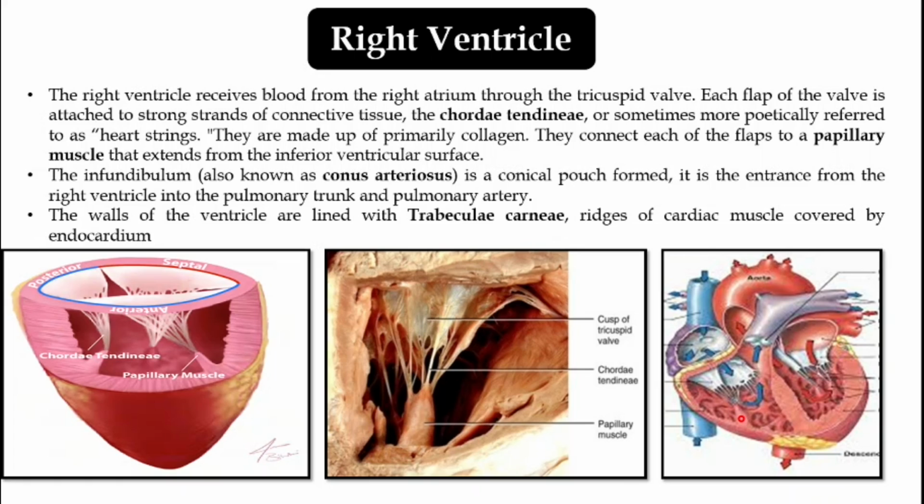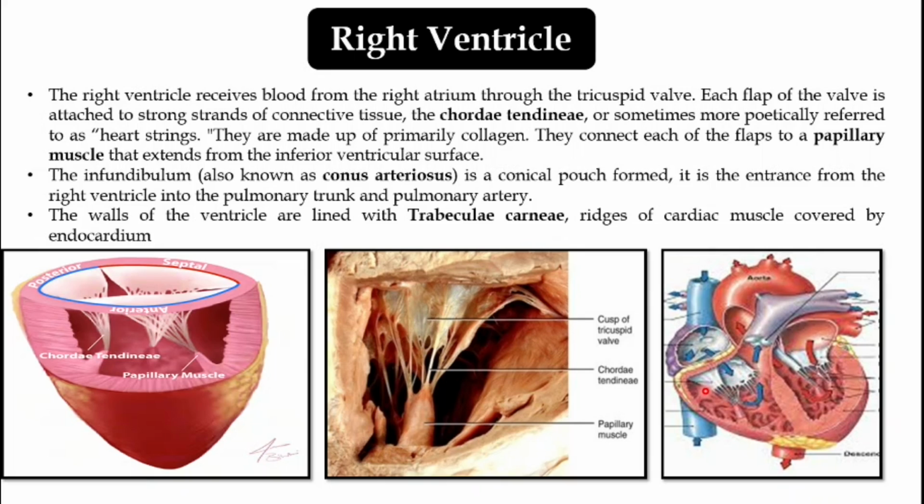So the tension on these chordae tendineae loosens because the ventricles are contracting inwardly. When it contracts inwardly, the tension on these chordae tendineae loosens, so that will close down these valves.